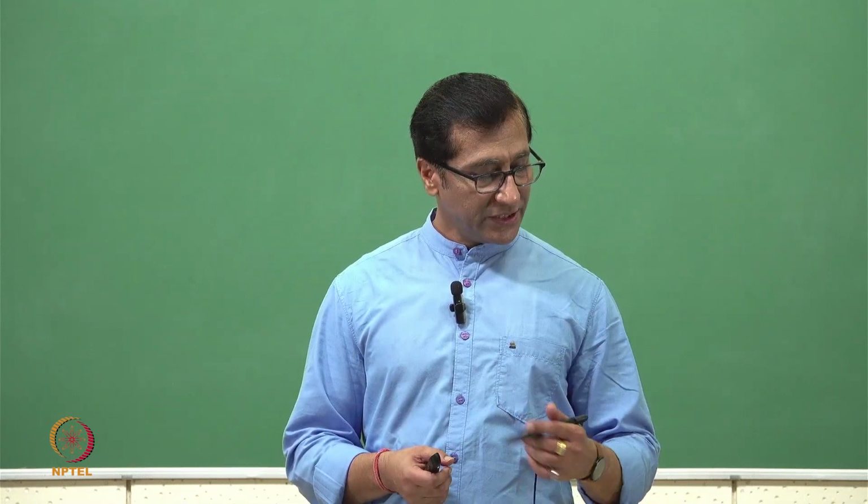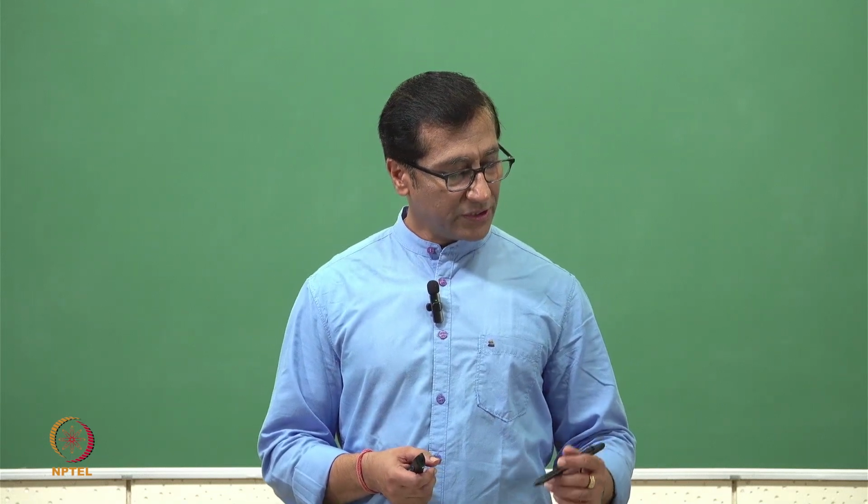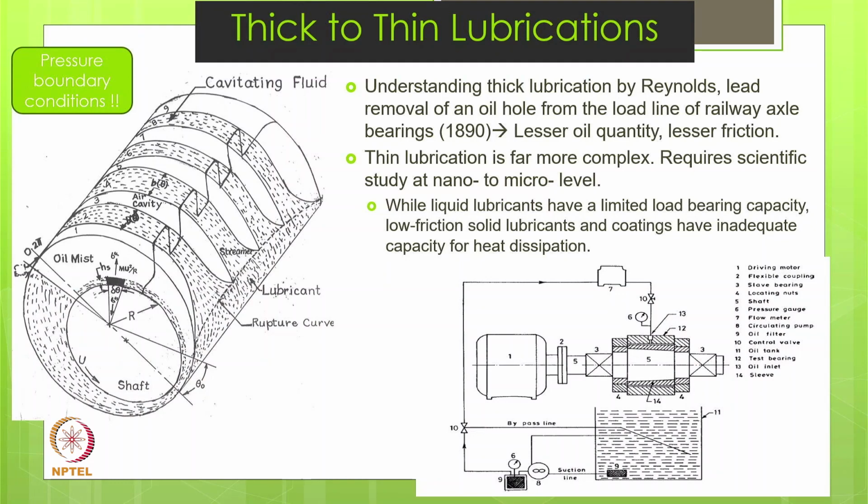Now, as I mentioned, I will show how the lubrication happens in a real film lubrication. So here we use some sort of acrylic material bearing to see the cavitation effect in the hydrodynamic bearing. This is the bath from where the liquid lubricant is extracted.